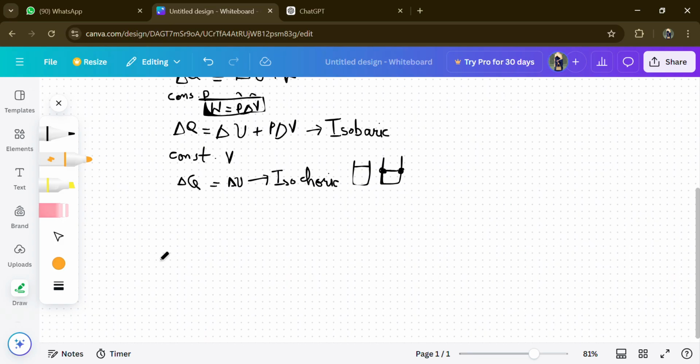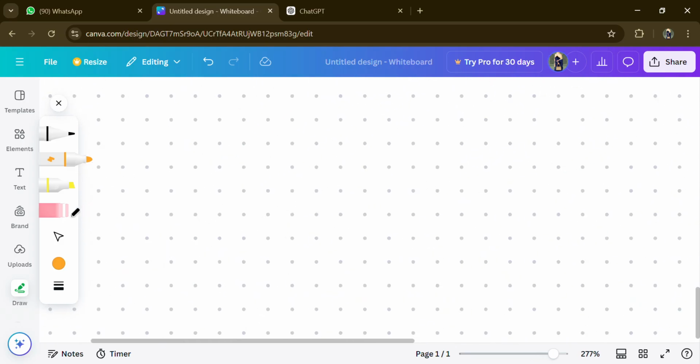To understand this situation, first keep in mind that we are going to suppose some values.